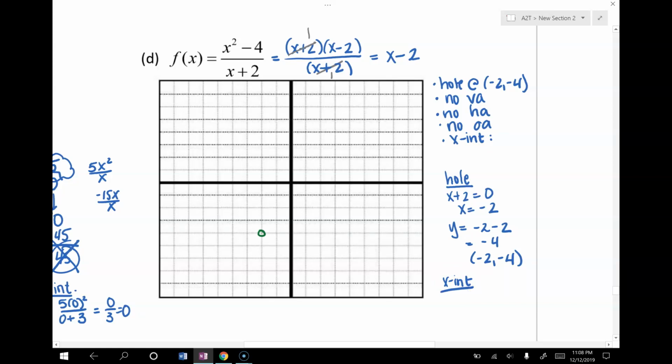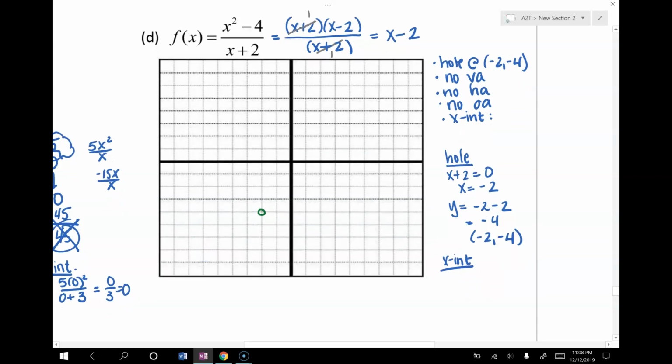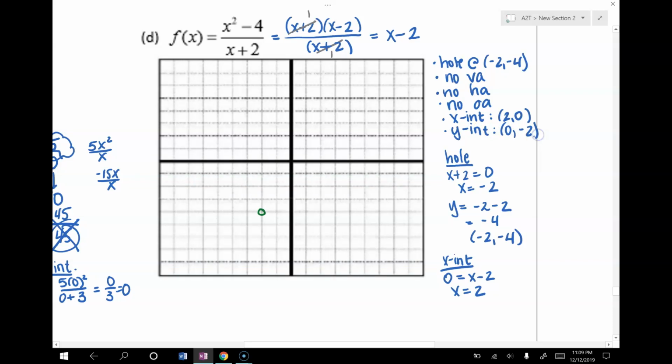And I mentioned this yesterday, but we have to use the simplified form. So we're going to say that 0 is equal to x minus 2. So x is 2. And then the y-intercept we can just pull from the actual equation because, again, it's in slope-intercept form.